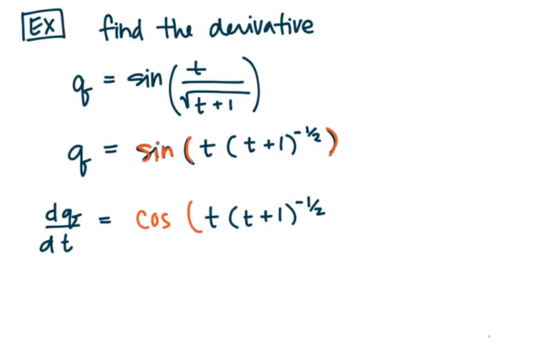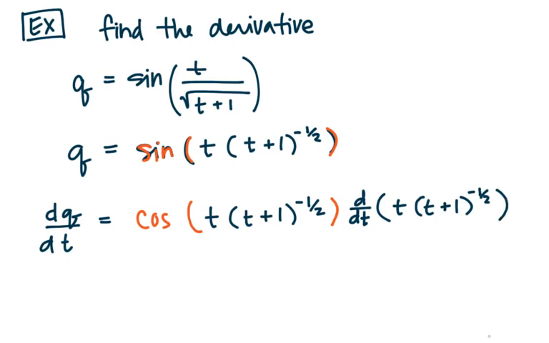All right, now, if that had just been an x in my argument, we would be done. But because I have an expression with a lot of algebra going on, we also use our chain rule. We're going to take the derivative with respect to our independent variable t of the inside, which is t times t plus 1 to the negative 1/2.